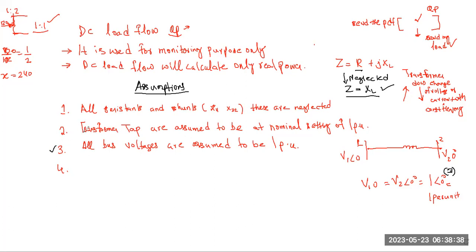Okay, then the second thing is that the angle here, for example, this is phi i, this is phi j.